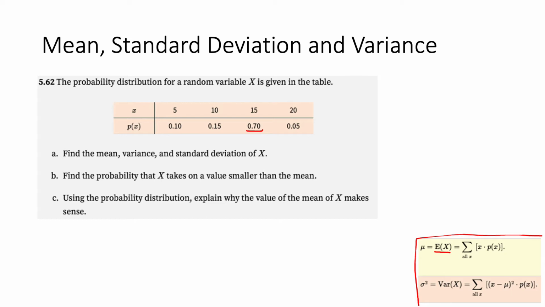X times the probability of x, that's going to get us 0.5, 1.5, 10.5, 7 plus 3.5, yep, and 1.